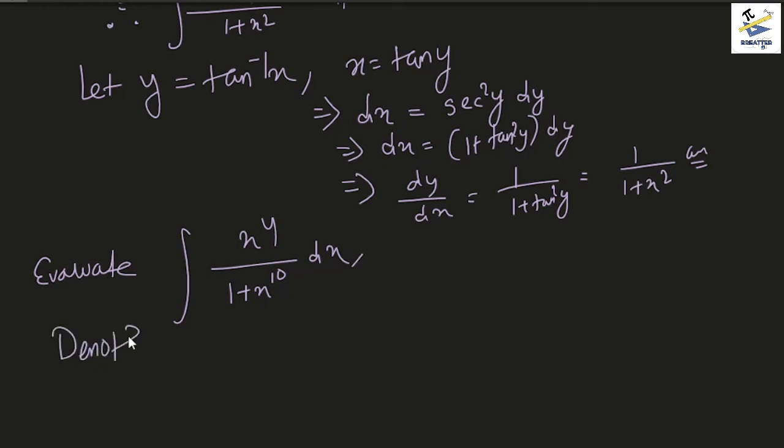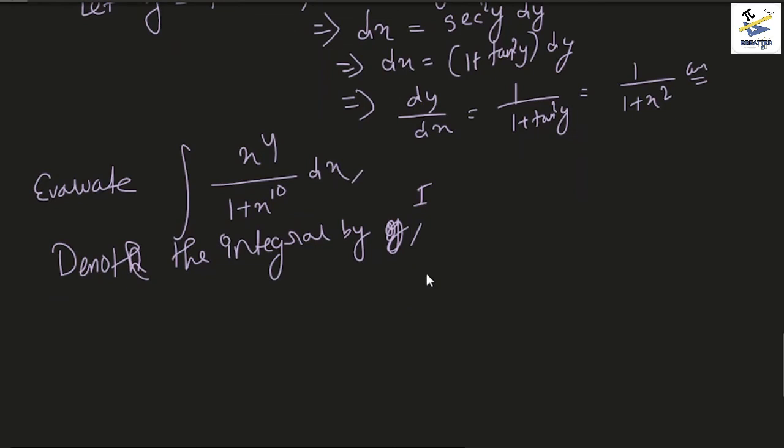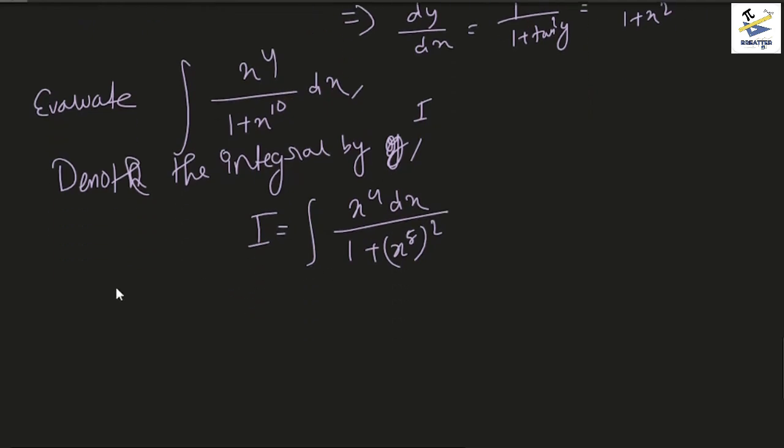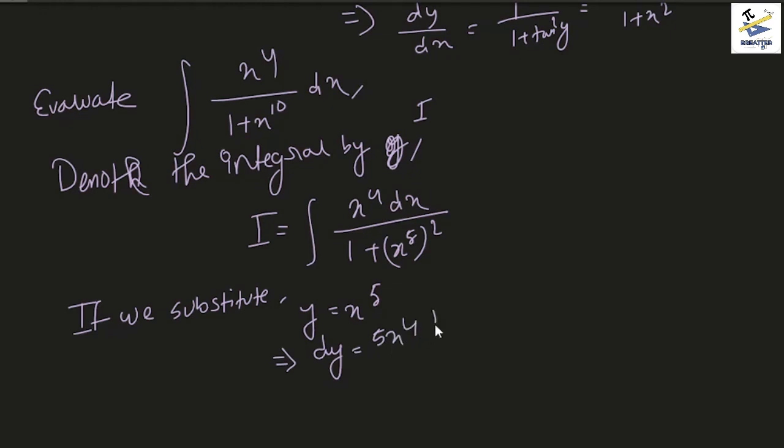denote the integral by I. Then what we get is, capital I is equal to the integral of x to the power 4 dx divided by, and we can write x to the power 10 as x to the power 5 whole squared, because in that case, if we substitute y equals x to the power 5, what we get is dy is equal to 5 x to the power 4 dx, right?